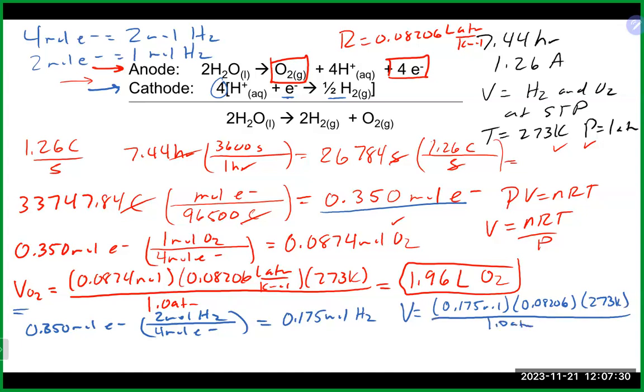And if we do that there, 0.08206 times 273, that's going to get us 3.92 liters of H2 would also be collected in this case. And if we divide it by 2, that's like 1.96-ish or so. So that's a 2-to-1 ratio, as we would expect here, right, for our hydrogen to our oxygen that would be collected. Question on that? Could I solve this a different way as well?